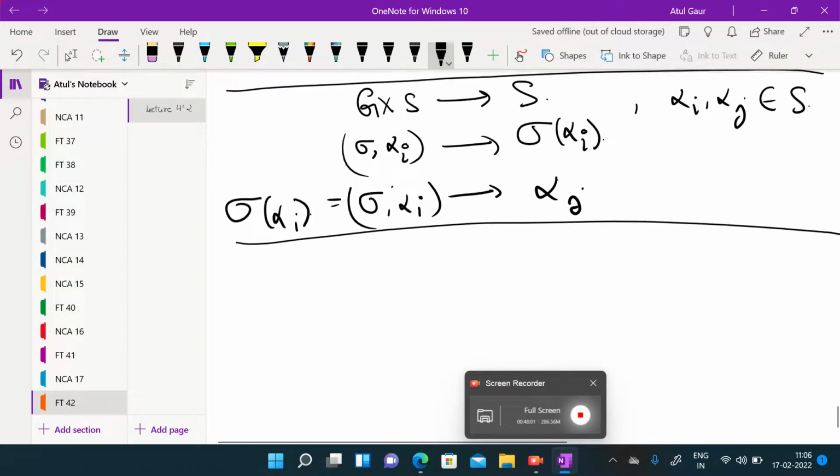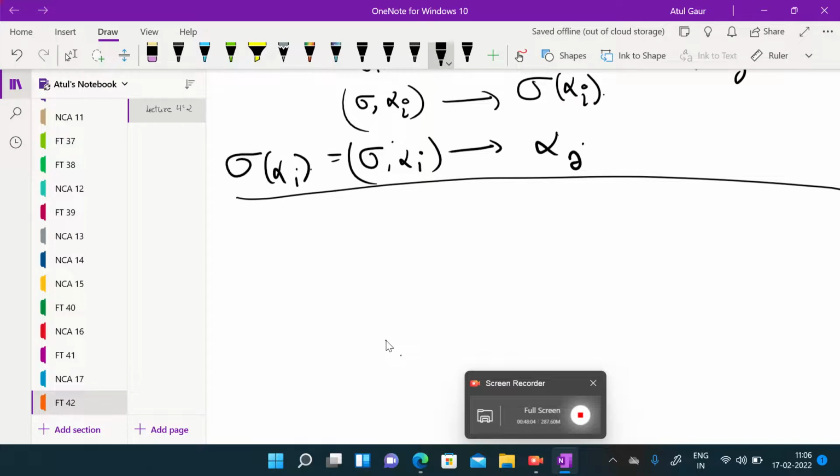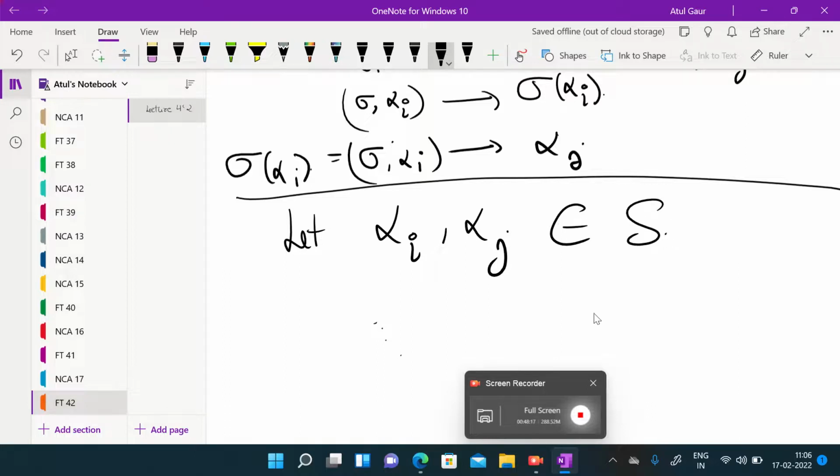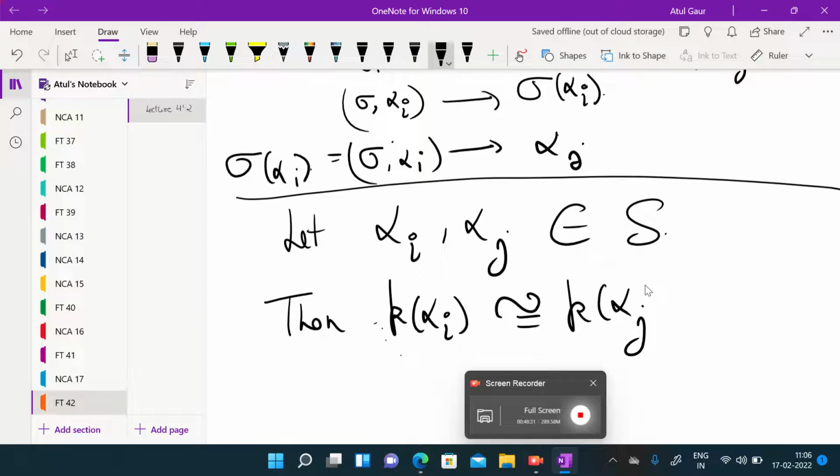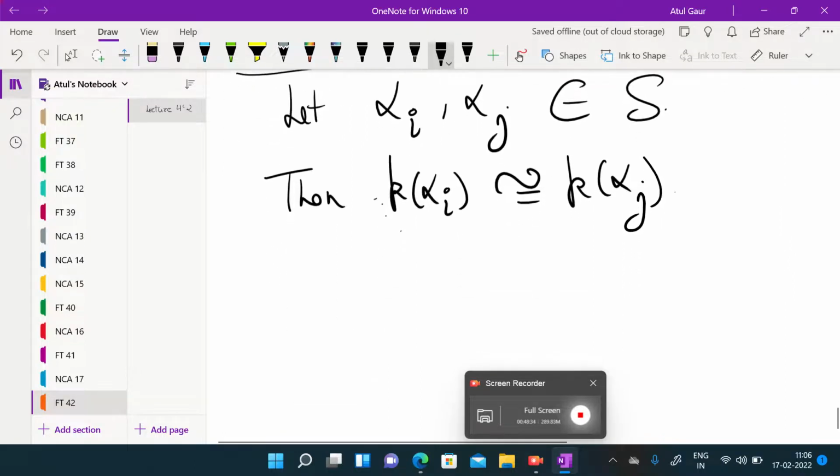So start with any pair of roots. Let's say alpha_i and alpha_j belong to S. Then you know K(alpha_i) will be isomorphic to K(alpha_j), because alpha_i and alpha_j are the roots of the same irreducible polynomial.